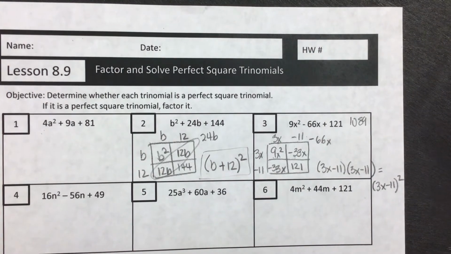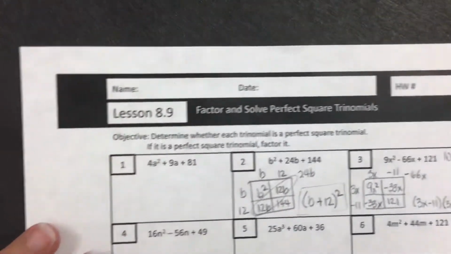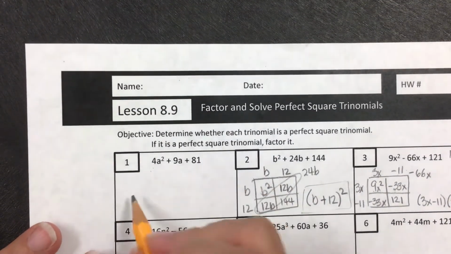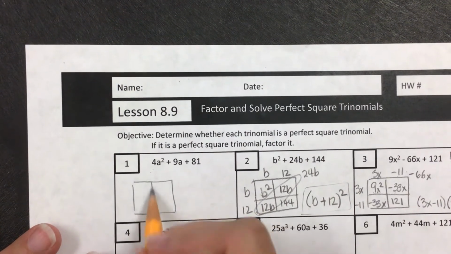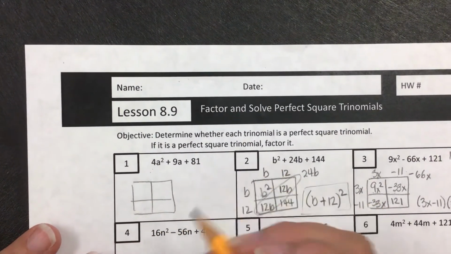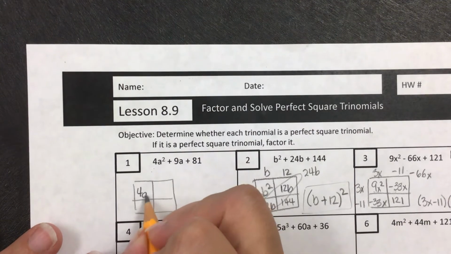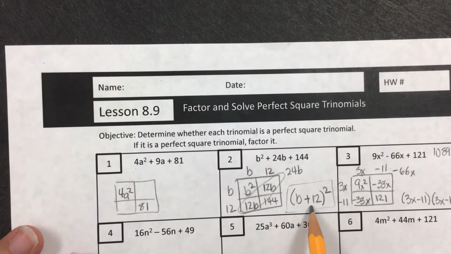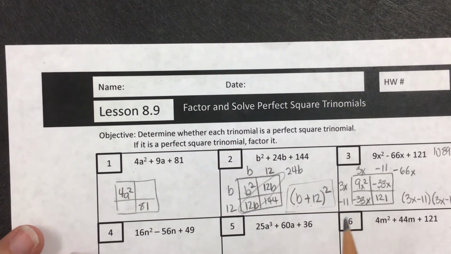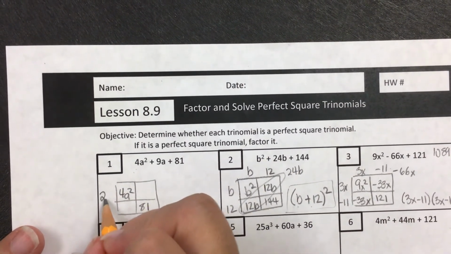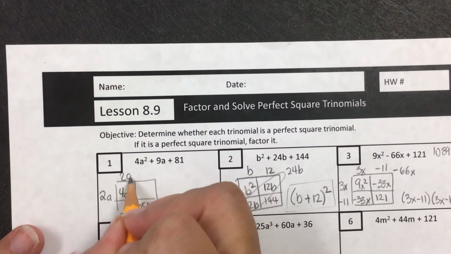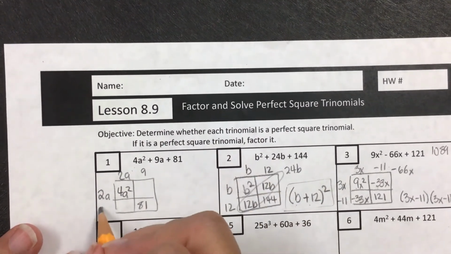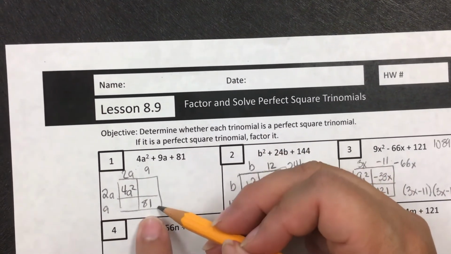Let's talk about number 1, though. For number 1, when we make this box and you're looking for a perfect square trinomial, this would be 4a squared here, 81 here. And remember the pattern, you want the exact same thing so you can write it as squared. So this has to be 2a, and this one would have to be 9 and 9, because 9 times 9 makes 81.